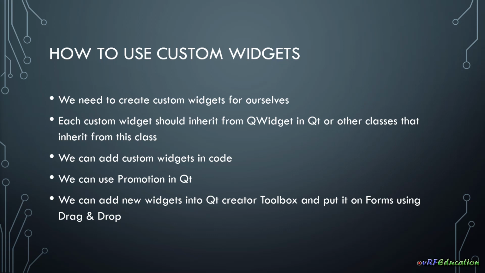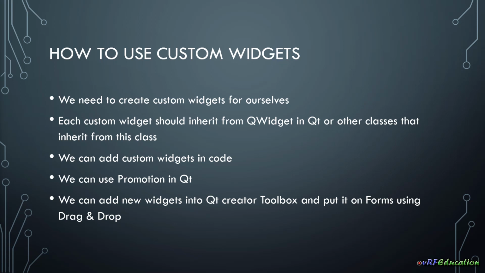The other option that is somehow specific to Qt is to use promotion. In this way, we reserve a place on the form and assign it to a custom widget class. So at design time, we know that something is here on the form, but we don't know exactly what it looks like. And then again, we should wait until the program starts.